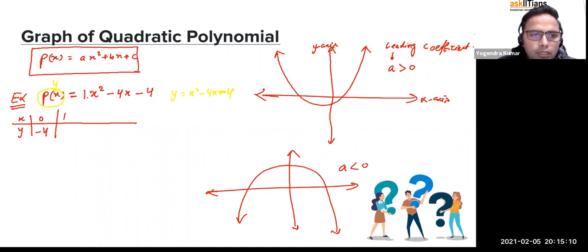When I'm putting 1 here, what is it giving? Can I take minus 5 here?